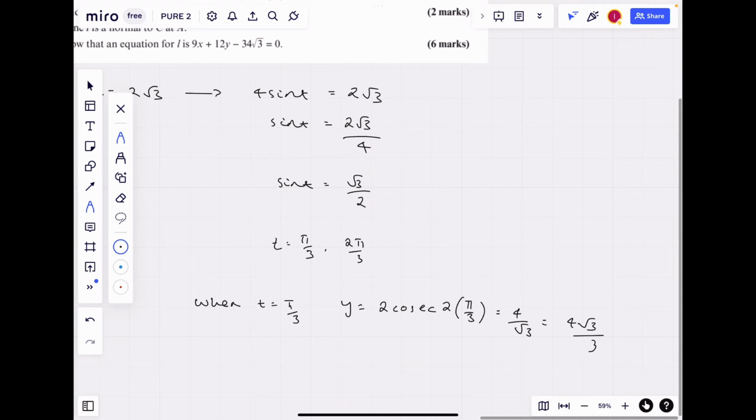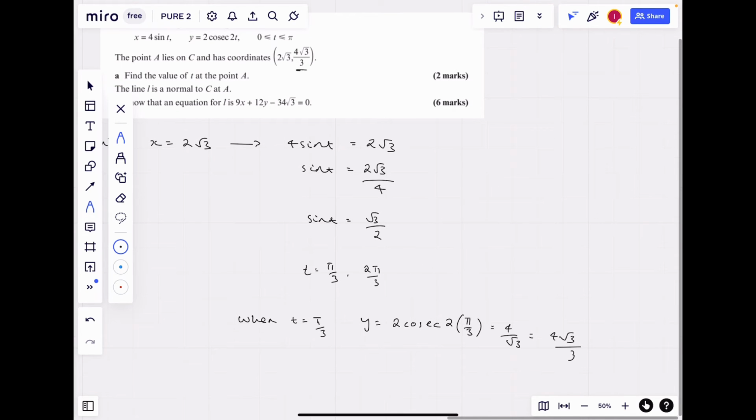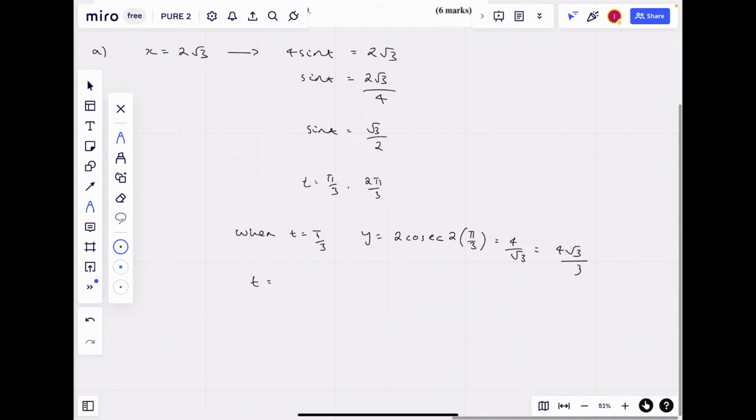The reason I've done that is to prove that I've got the y coordinate. So t is pi over 3 at point A.